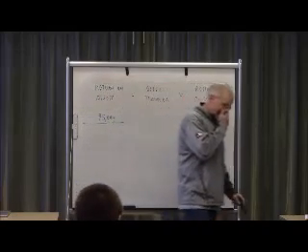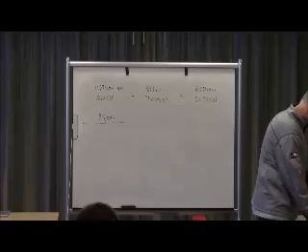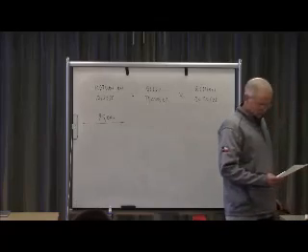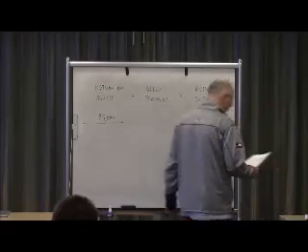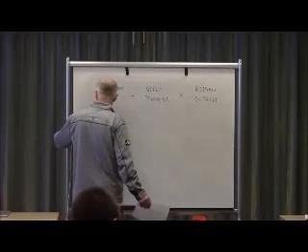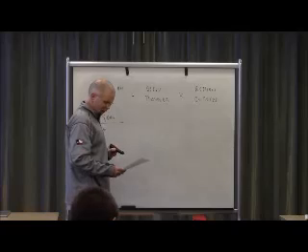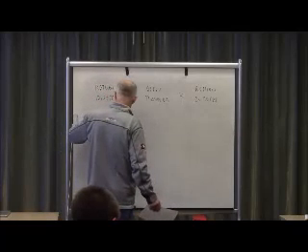Then average assets. Go to the balance sheet for Robin. She begins the year with $740, ends the year with $930.